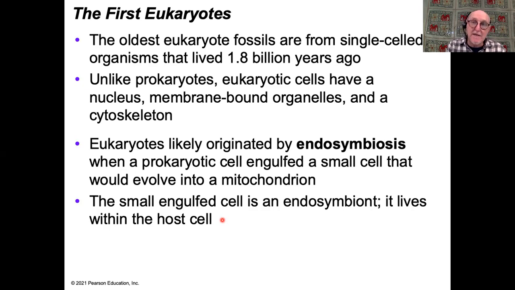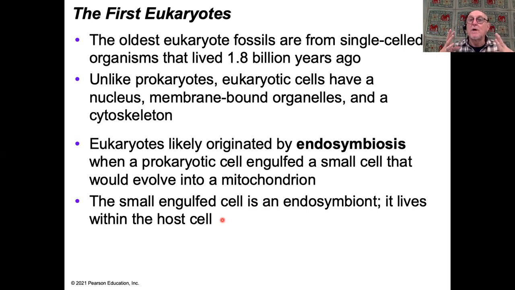That is, the prokaryotic cell just had a simple membrane. There was some primitive eukaryote cell, which was essentially like a prokaryote, which took in other prokaryotes. It incorporated other prokaryotes in its cytoplasm.